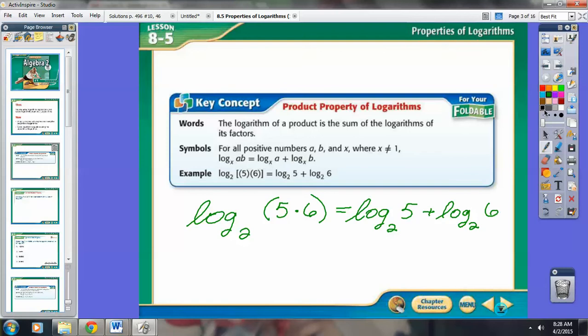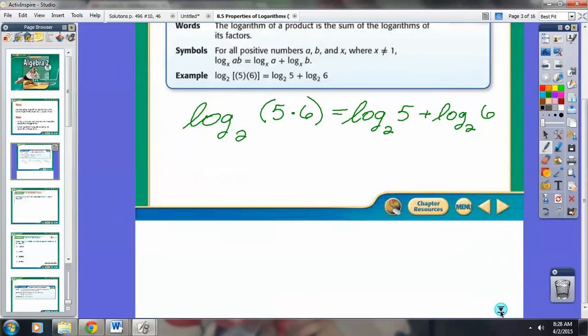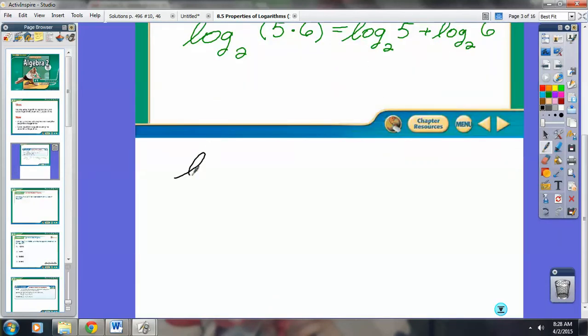There's another property, well, I'm not sure if it's a property, but if we have log base 2 of 2, if I ask you to evaluate that, could you do that? You tell me what that equals? We did that yesterday. It's going to equal something, we just don't know what it is. So let's put x. How would you evaluate this?